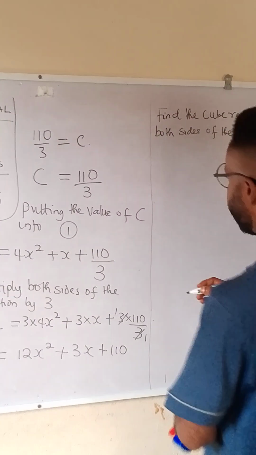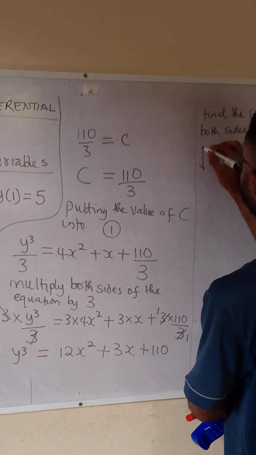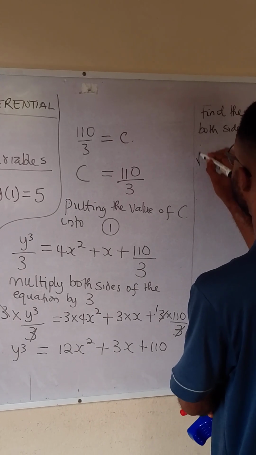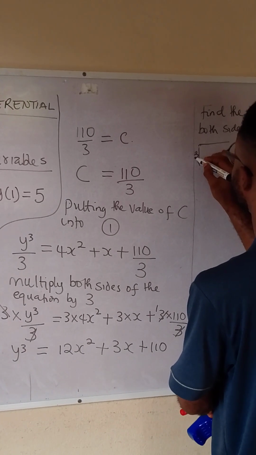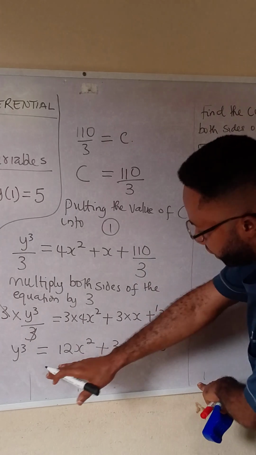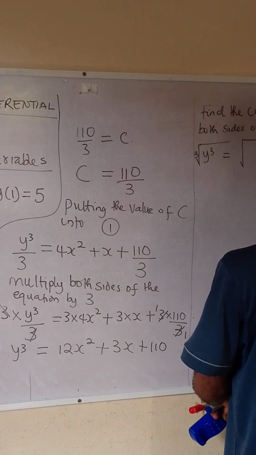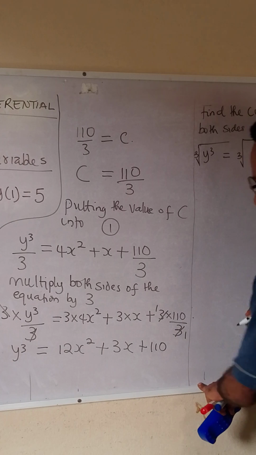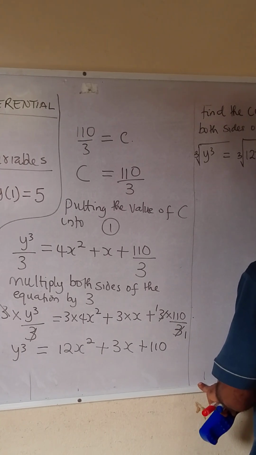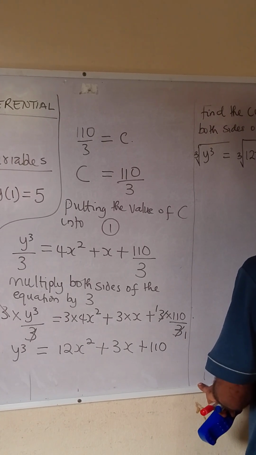When you implement this, you are going to have the cube root of y cubed equal to the cube root of the whole expression, the cube root of 12x squared plus 3x plus 110.